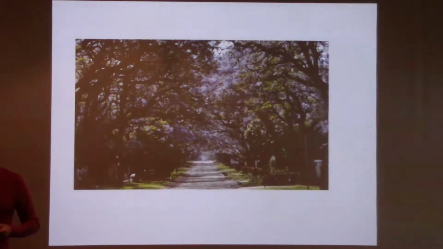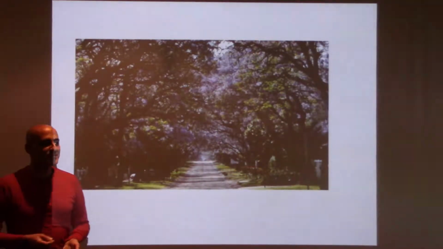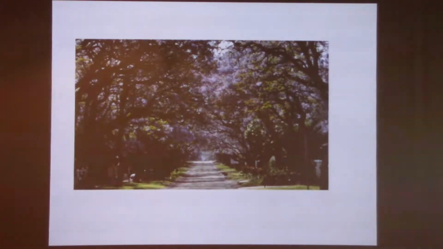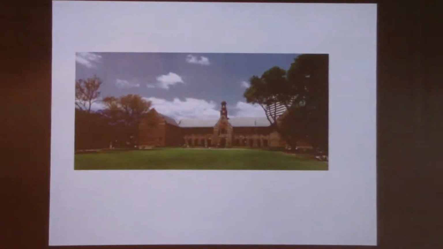So already there's a very strong connection between the story. And when they bloom in October, of course, it's a very beautiful landscape. The university also has quite a few jacarandas and also some old buildings, but that's not the building where we are based.